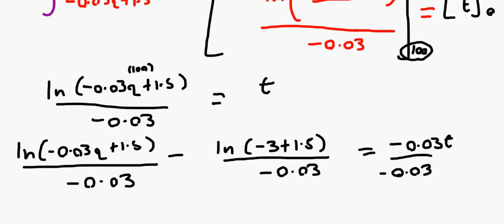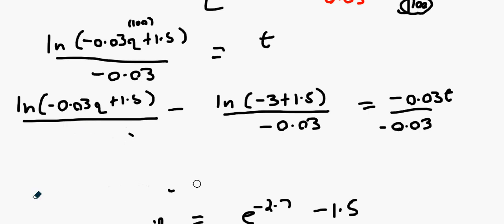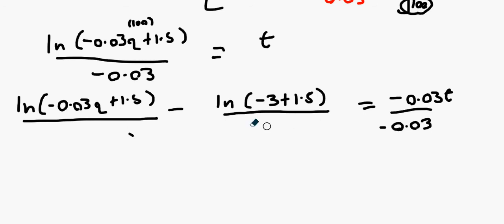Now, what I'm going to do here is the minus 0.03's are gone. And what I'm going to do here is ln of minus 1.5, I believe. Now ln of minus 1.5, you can't have a log of a negative number, to my knowledge.